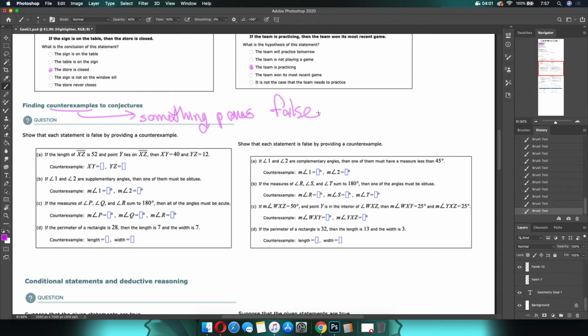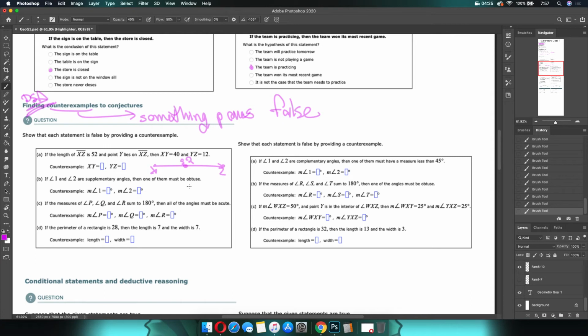Now we just wait for our mouse to catch up. False. There we go. So for example, and this is a DSA question, just to make life even more fun for you, for my least favorite topic in the chapter, if the length of XZ is 52, so we have a segment, and we know that the length is 52, and then we're told this is XZ, and then Y is somewhere here.